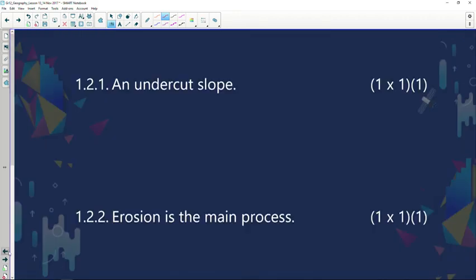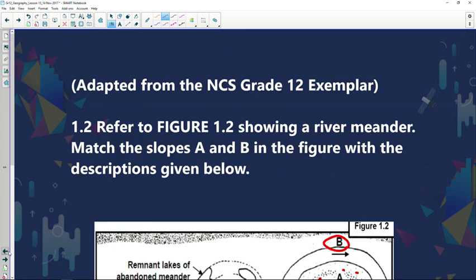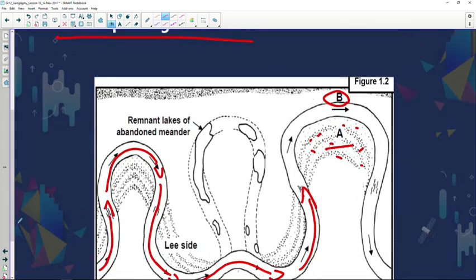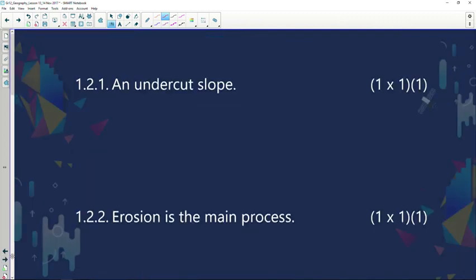Now, the question states, refer to figure 1.2 showing a river meander. Match the slopes A and B in the figure with the descriptions given below. Now, if we look at question 1, an undercut slope. The undercut slope is where the erosion takes place.